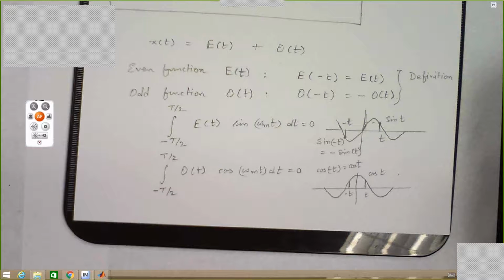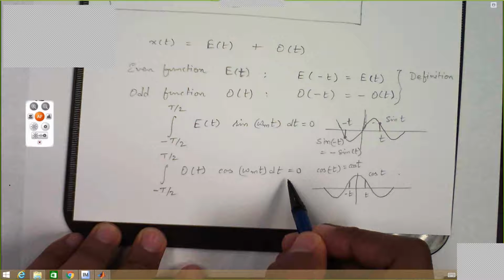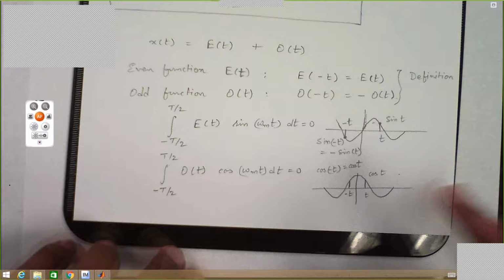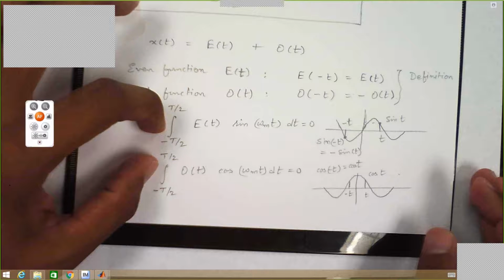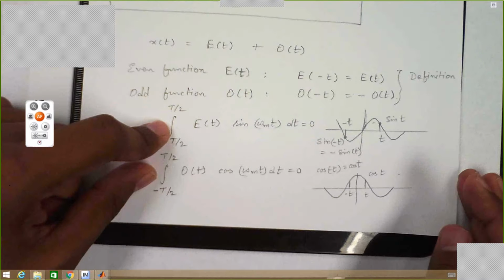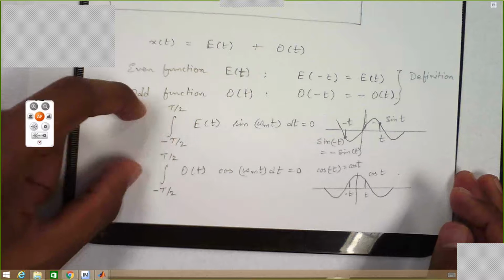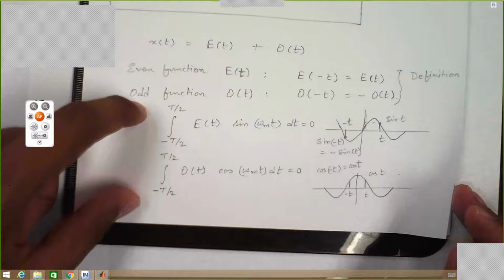Whenever the integrand is anti-symmetric, or essentially an odd function, the integral will be 0. These two results can help you minimize some of the computational effort required in finding the Fourier coefficients.